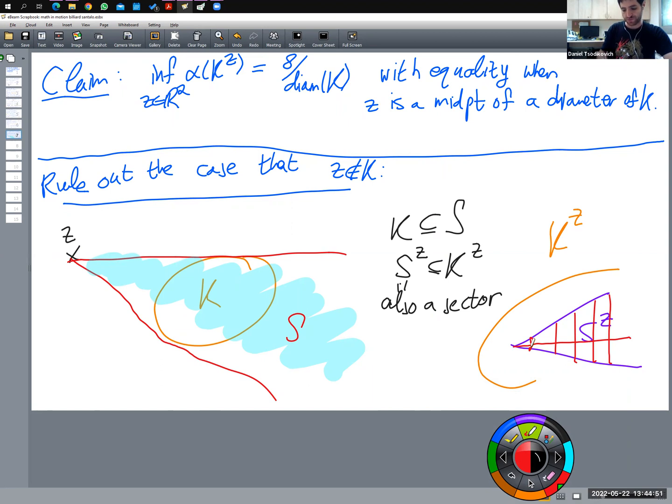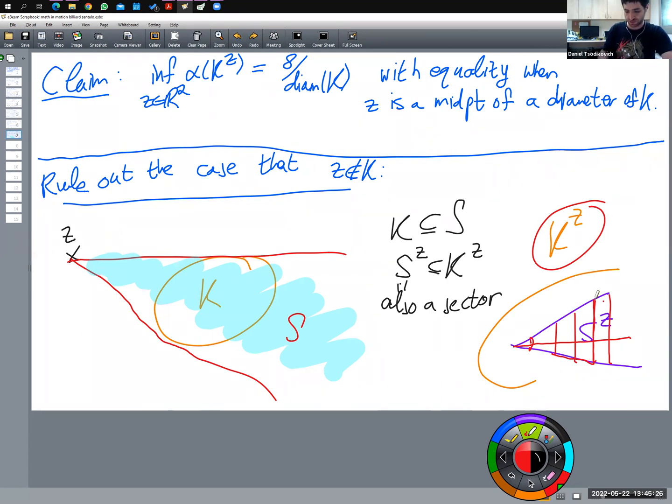So alpha of all of these triangles is linear with this distance. So for all of these triangles, the shortest billiard trajectory has length that increases unboundedly, and all of these triangles are contained in KZ. So if KZ had a billiard orbit, then it would have to have length which is at least all of the lengths of billiard orbits inside these triangles, but this is unbounded, so it can't happen.